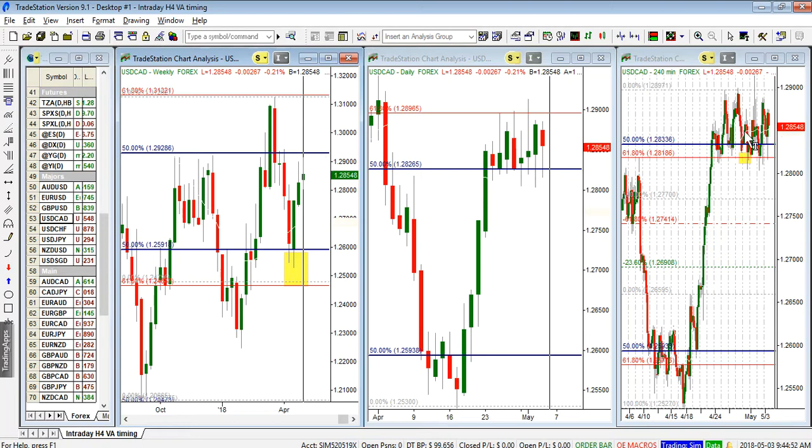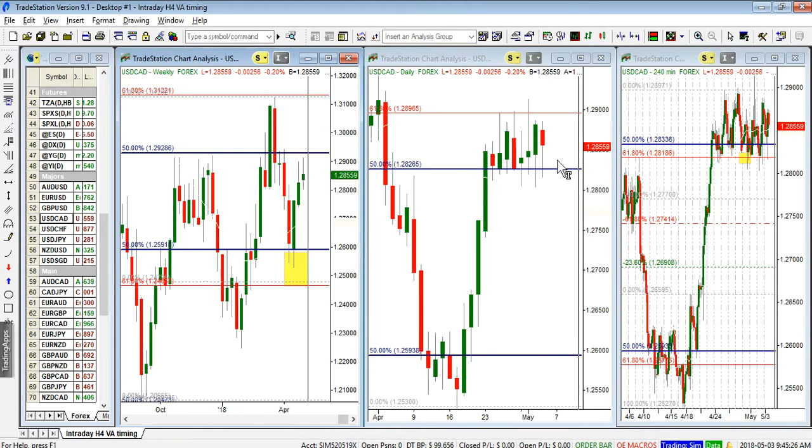But as you can see here, after the strong move higher driven by the news in the Canadian dollar, that weakness was then offset by the strength of the US dollar, and that's why we show this lateral move here.